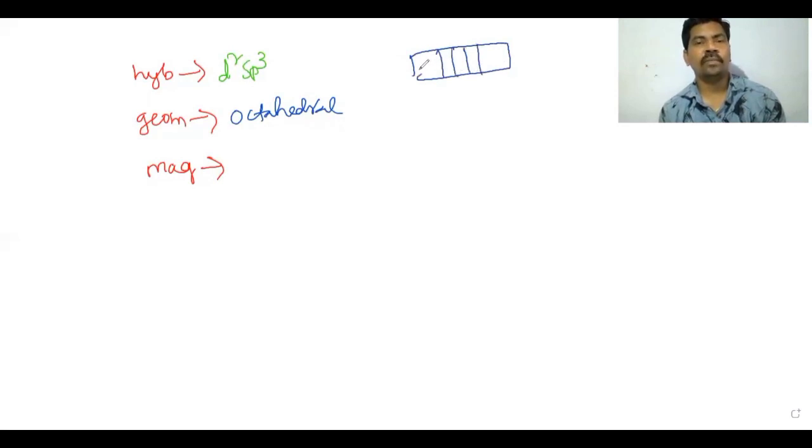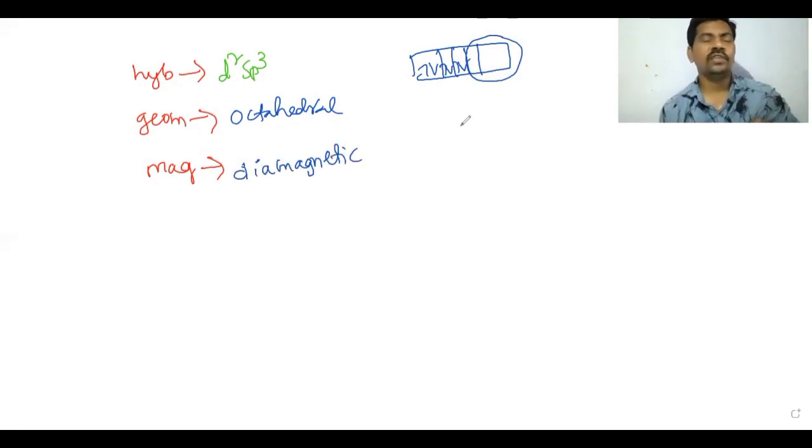All the electrons in the 3d level got paired: 1, 2, 3, 4, 5, 6. So there is no unpaired electron, that is why it is a diamagnetic substance, not paramagnetic. If unpaired electrons are present, it will definitely be paramagnetic.